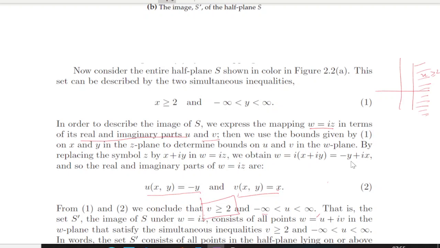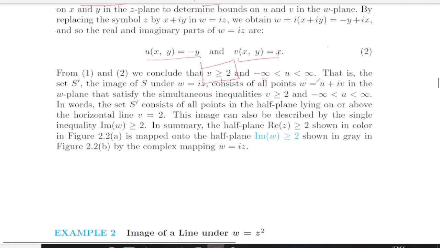That is, the set S dash, the image of S under w equal to iz, consists of all points w equal to u plus iv with u varying over minus infinity to infinity and v greater than or equal to 2, and we can plot that too.